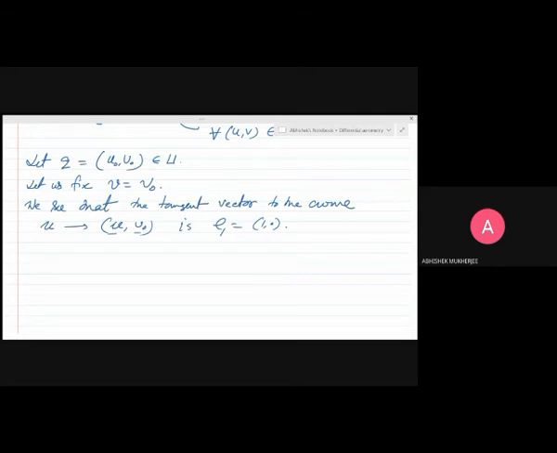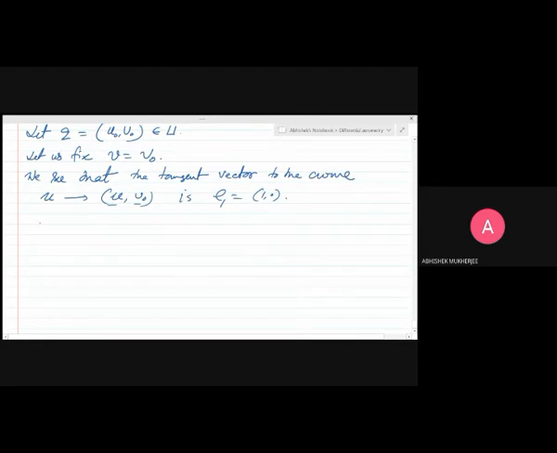This is u1. The image of this curve under sigma is a curve. What is the image of this curve under sigma?